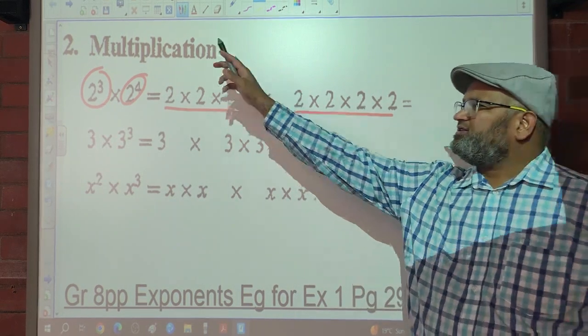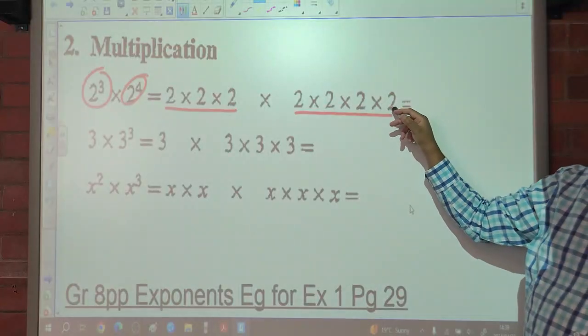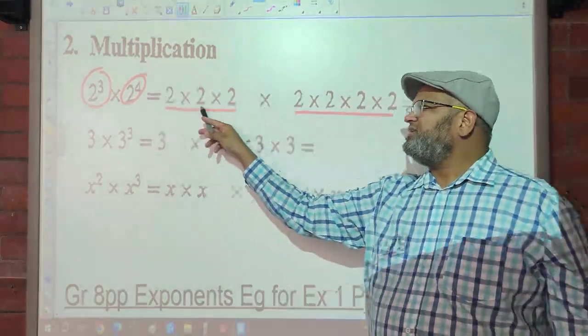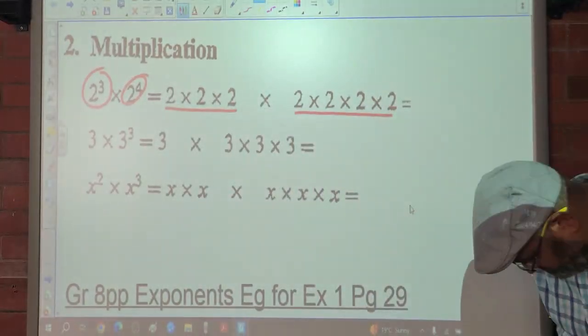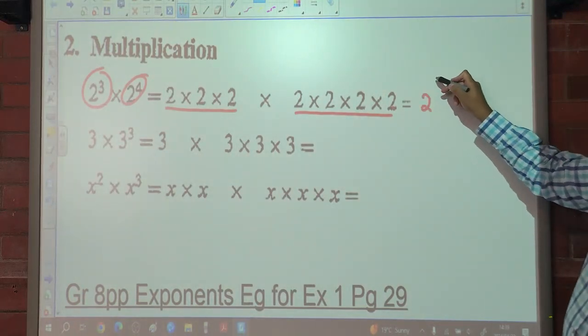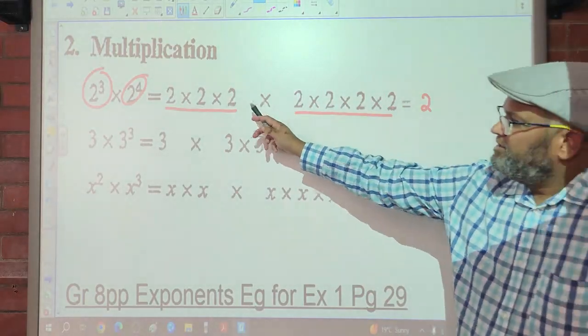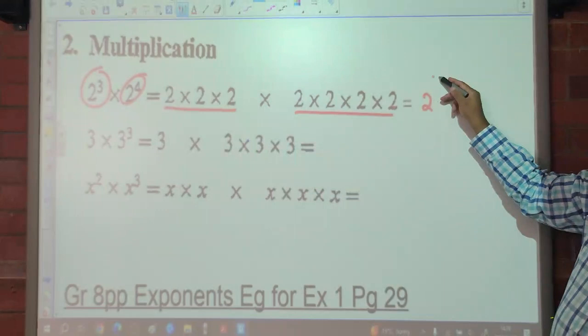In other words, if you got 2 times 2 times 2 times 2 times 2 times 2 times 2, that will be 2 to the exponent. How many 2's are there? 7 2's.